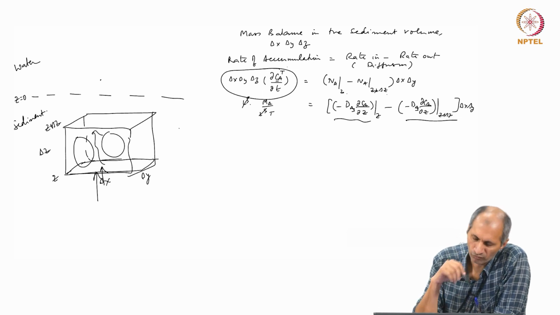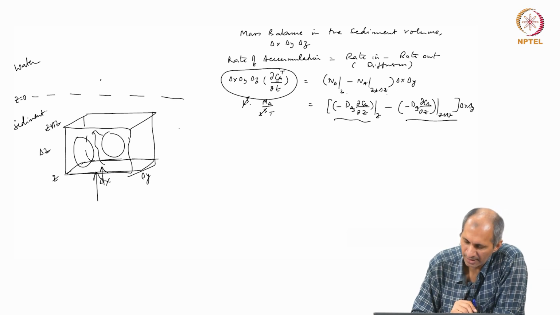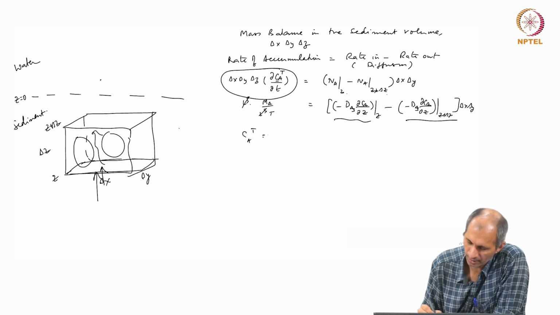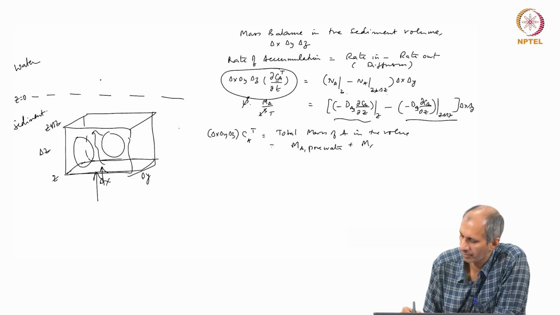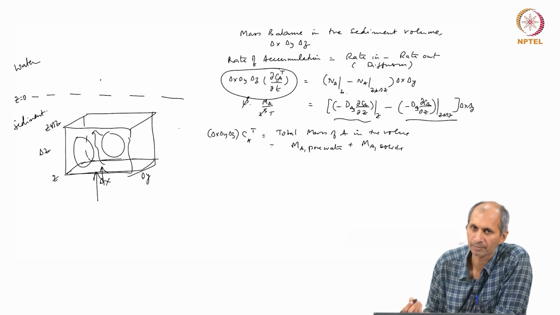add a term called Cat. Cat into the total volume, in this case Cat into delta x, delta y, delta z, will give you the total mass of A in the volume, which includes the mass of A in the pore water plus the mass of A on the solids, both of them.